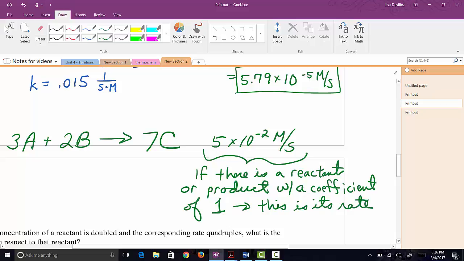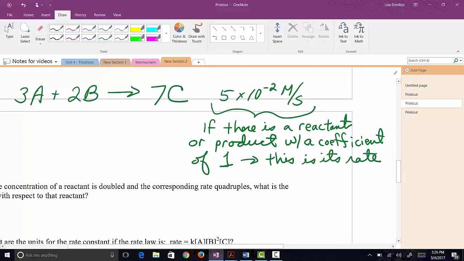And if I want the rate of change of anything else that has a coefficient, I'm just going to multiply by that.